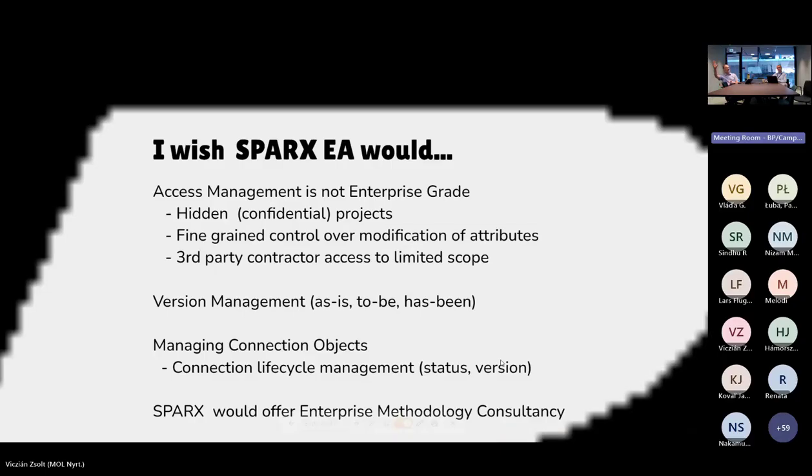Yes, with Prolaborate, some of it is possible. Third-party contractor access with limited scope. All of these, I mean, there are all sorts of workarounds and hacks and things, but they are not the simple click and it works type of solutions also. So I think that's definitely an area to improve.